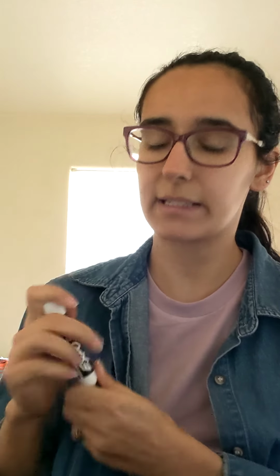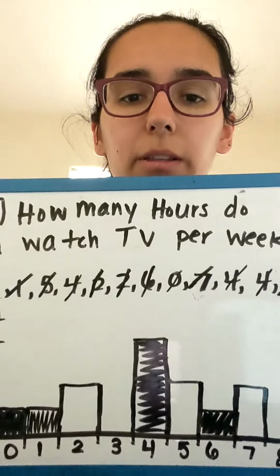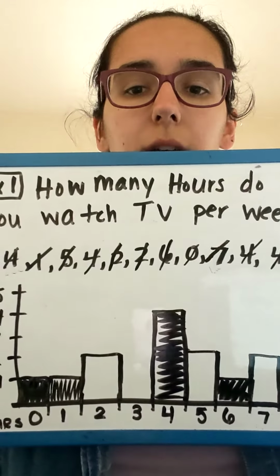And 2 people chose 7 hours of TV every week. That's a lot. And then nobody chose number 8. So number 8 we will leave all the way at 0. Okay, this is what we end up with. And you can pause this video to check your answer, okay?